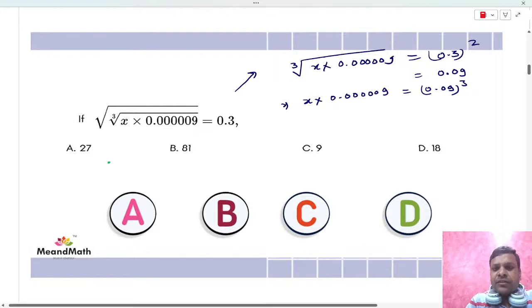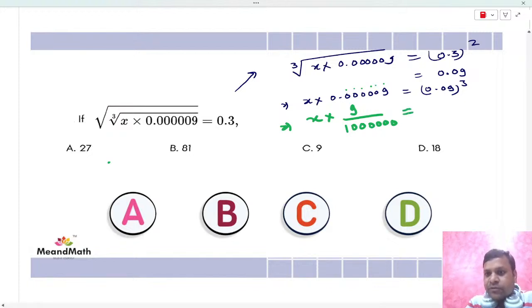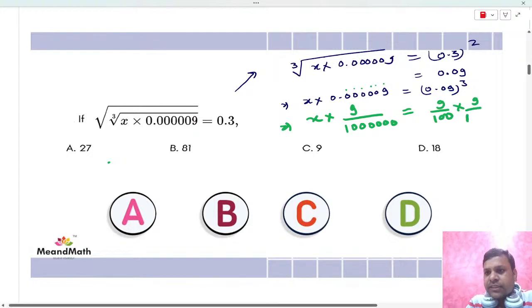I am giving you one: x into 9 upon how many digits are there? 1 2 3 4 5 6. So 6 zeros in the denominator is equal to 9 upon 100 into 9 upon 100 into 9 upon 100.